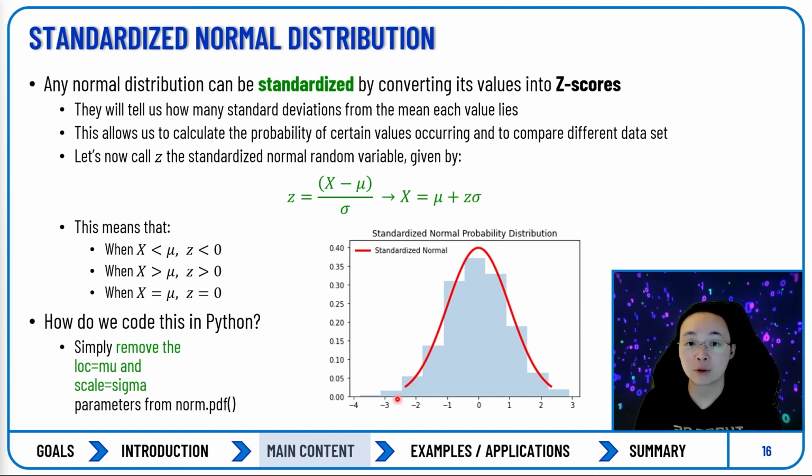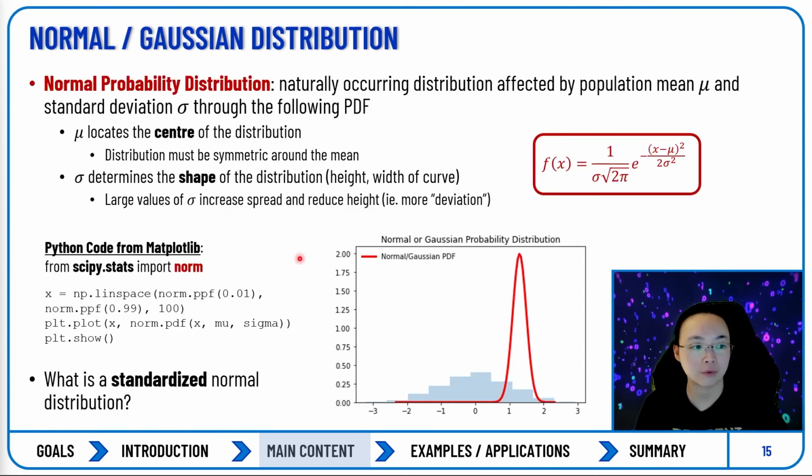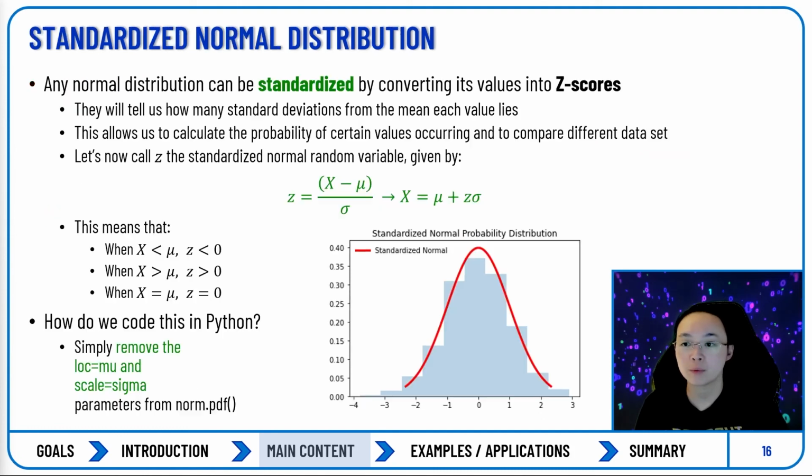So this curve right here is the exact same curve that I presented from before on the previous slide. So it's actually this one over here. But what I've done is I've taken out, let me go back here, I've taken out two different parameters from my code.